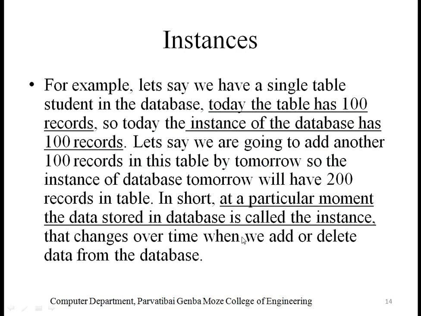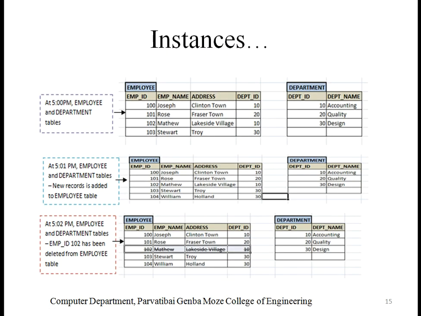Then next, we will understand instance with a simple example. At 5 p.m. the employee table contains 4 records. At 5.5, after 5 p.m. it contains one more record. This is one instance of a database, and this is another instance of a database.